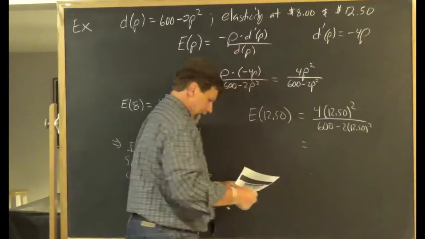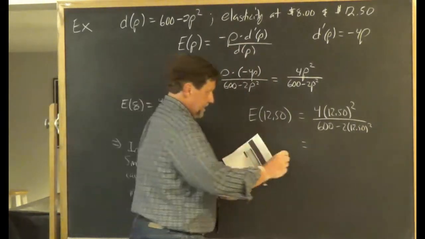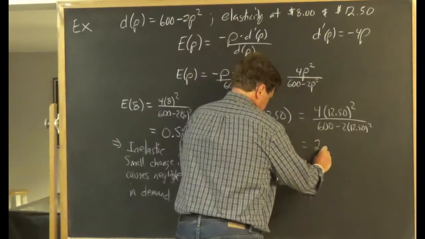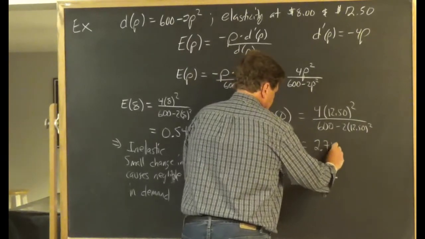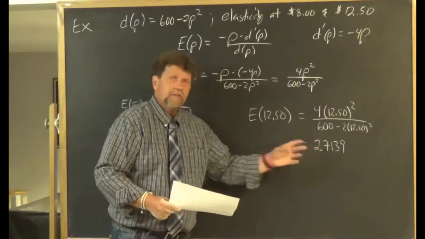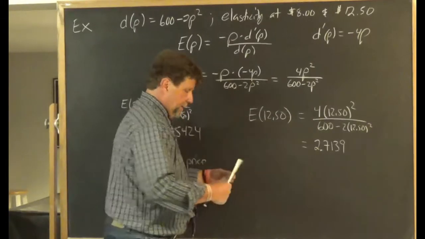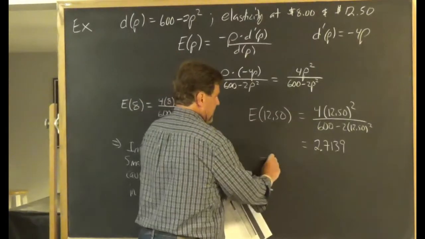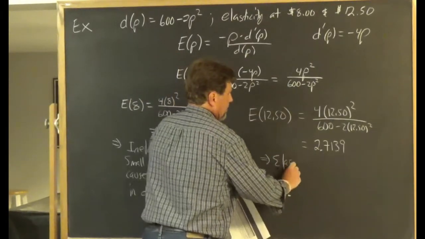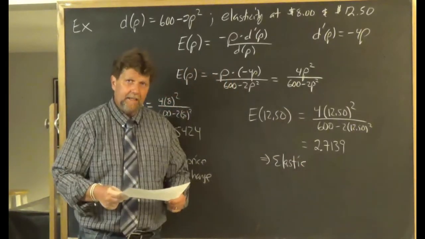And again, I use my calculator here, and I'm going to round this. I get 2.7139. You know, the thing is, that's greater than 1. And when our elasticity is greater than 1, that tells us that at a price of $12.50, it's elastic.